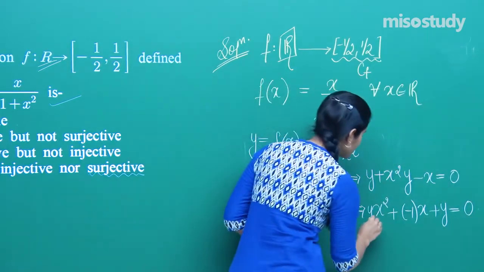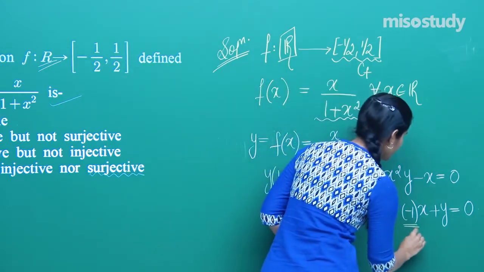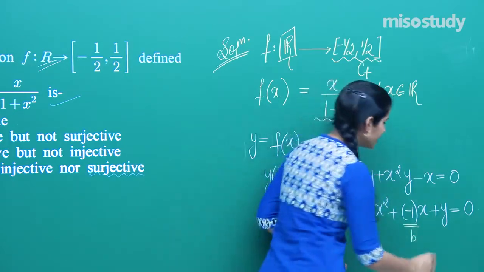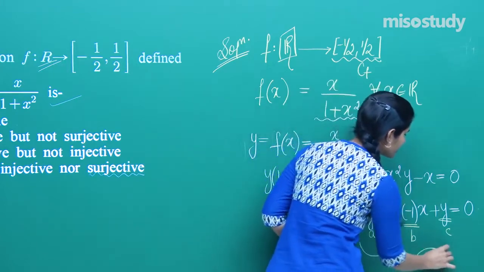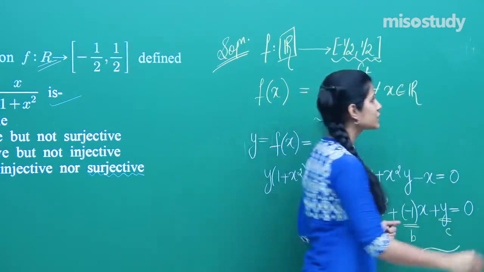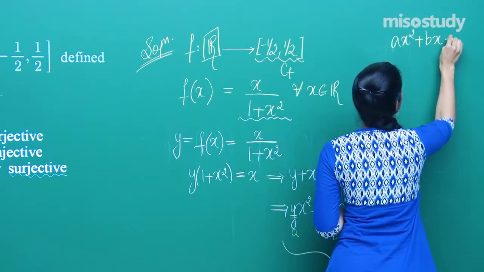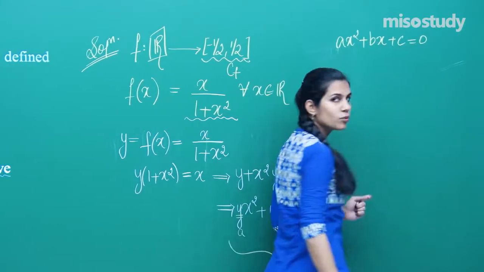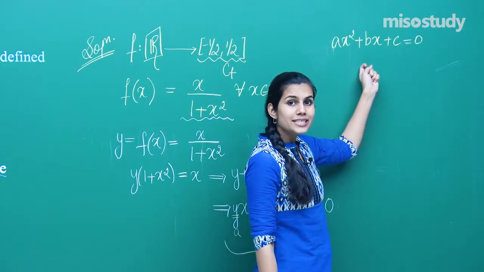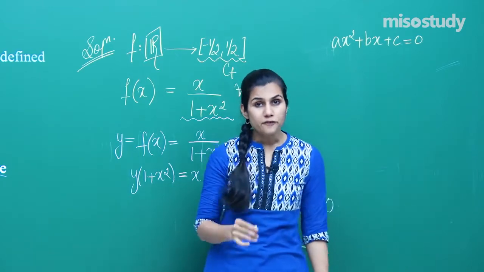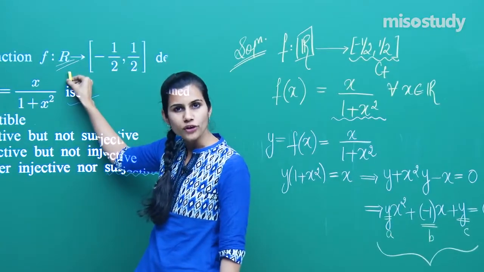Why have I written it like this? Well, if you carefully observe, if I call this y small a, minus 1 small b, and y small c, this expression is basically a particular case of ax square plus bx plus c equals 0. And roots of this quadratic equation, basically the values of x, definitely are coming from the domain of f, which is the collection of all reals.